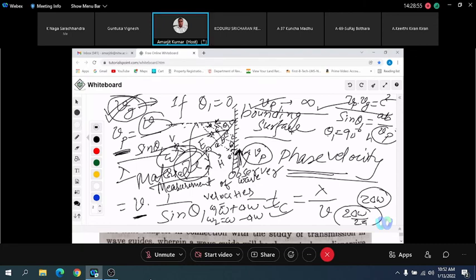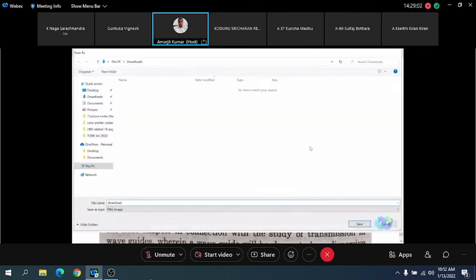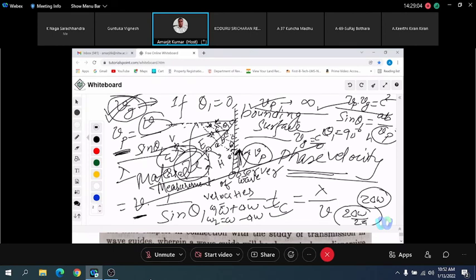So basically, group velocity is given as C square upon Vp. So when the phase velocity is very high, the group velocity will be low. When it is infinity, the group velocity will be 0. The product will be equal to C square.